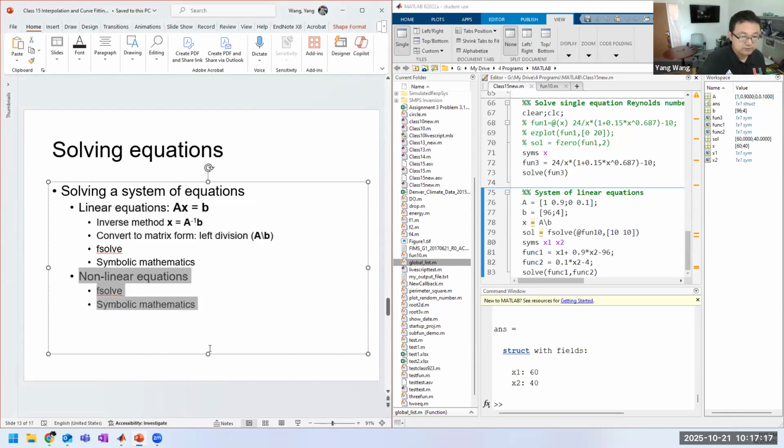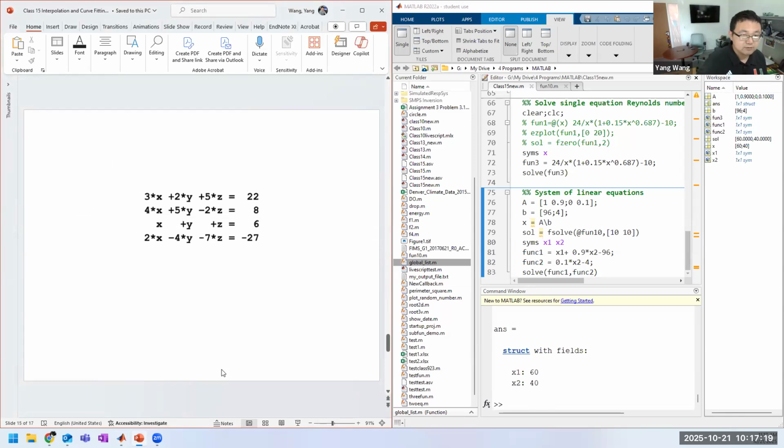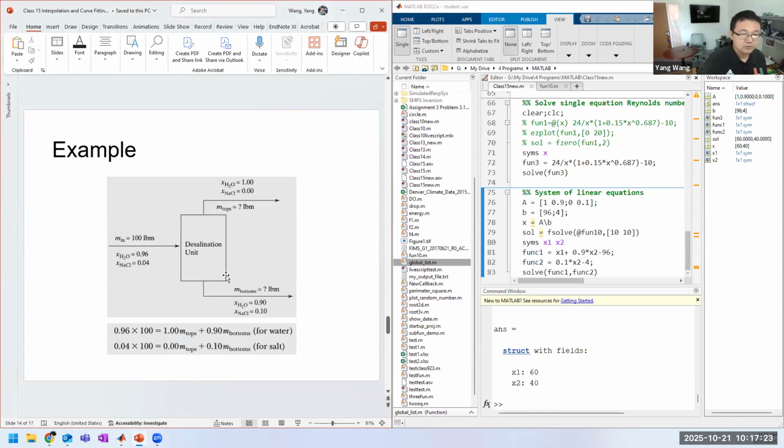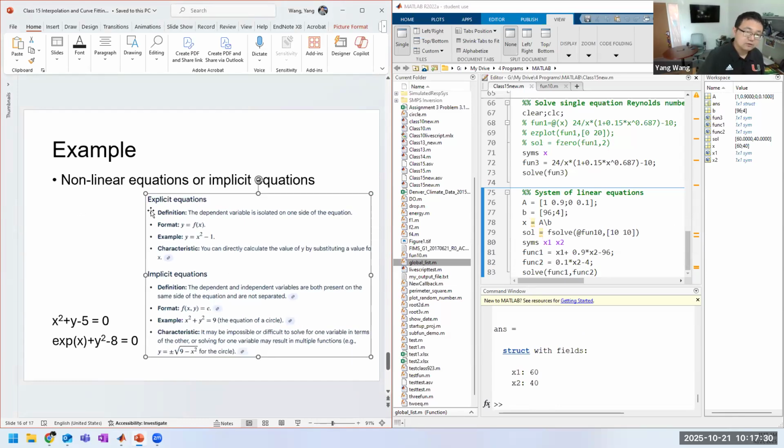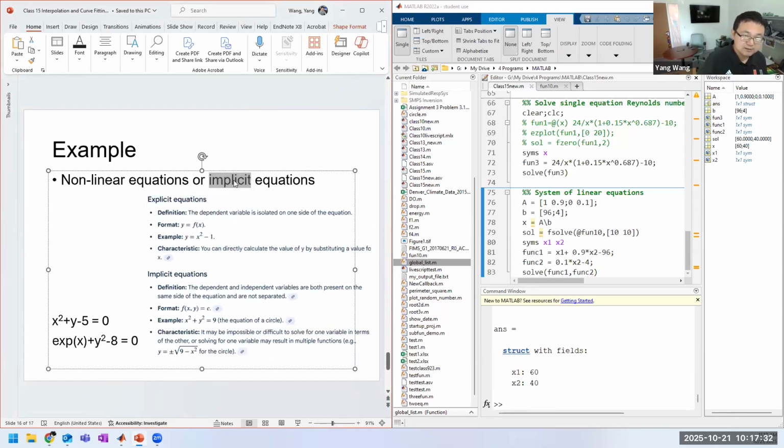What about nonlinear equations? Right, so then we're going to talk about this. Like this one, you can also use these methods we talked about. So nonlinear equations also involve implicit equations. So now we need to talk about what it means to be implicit, what is explicit. Right? So explicit equations are basically where the dependent variable is isolated on one side of the equation. For example, y equals f(x), right?